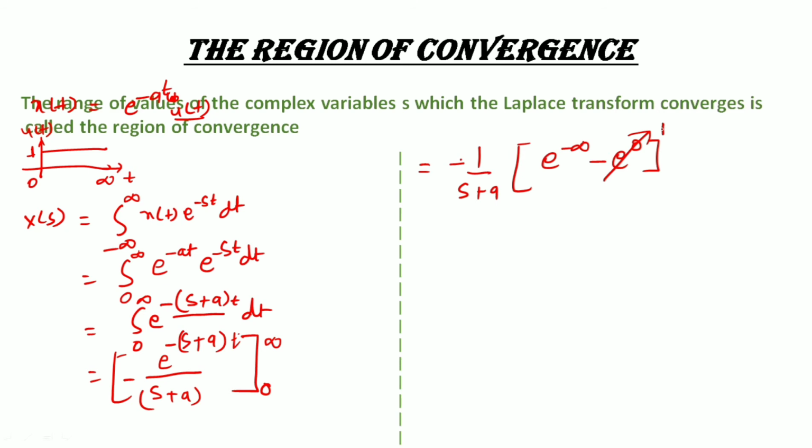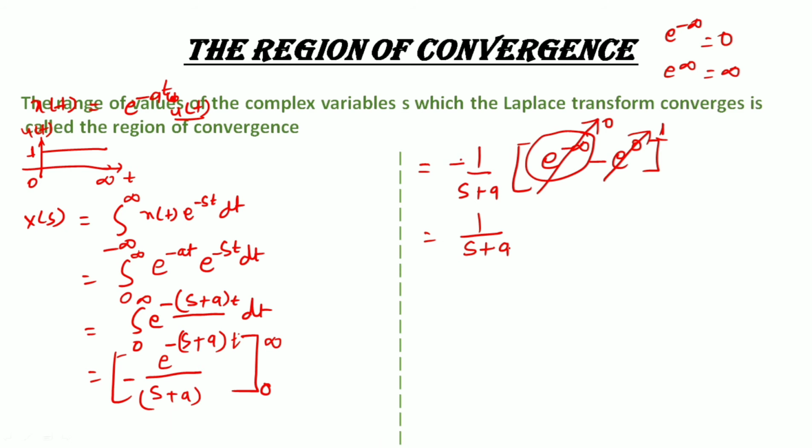This will give a value of 1, and this will be minus 1, and if we keep the minus out, it will give plus. Because e to the power minus infinity equals 0, and e to the power infinity is equal to infinity. So we will have 1 by s plus a.